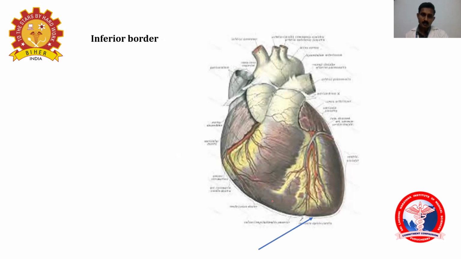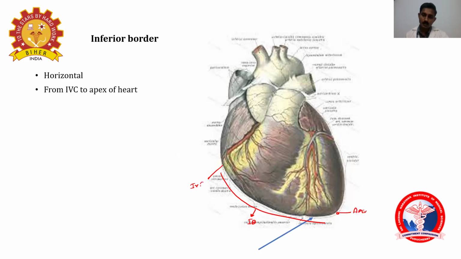Now, where is the inferior border? This border, from the opening of IVC to the apex, is called the inferior border of the heart. It is more horizontal, lying on the central tendon of the diaphragm.